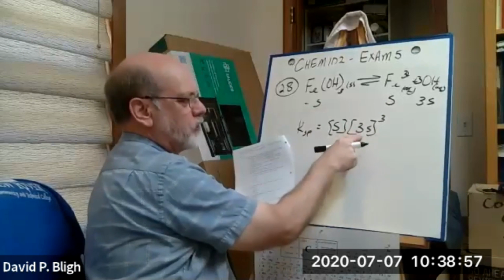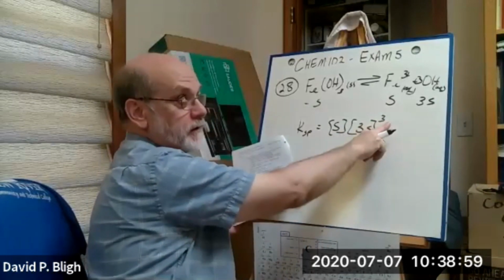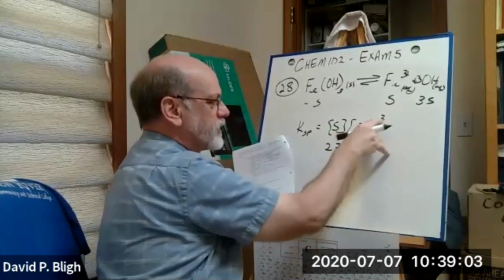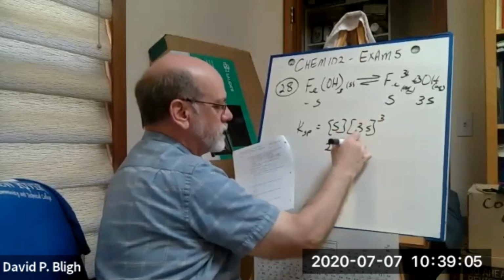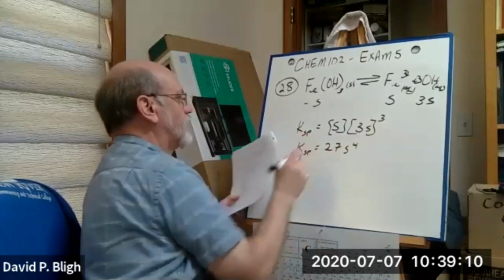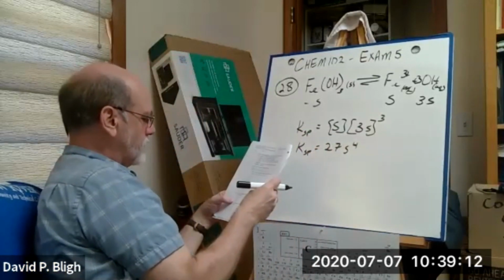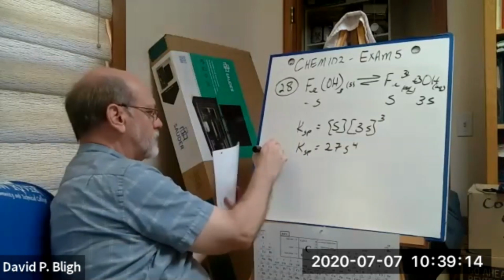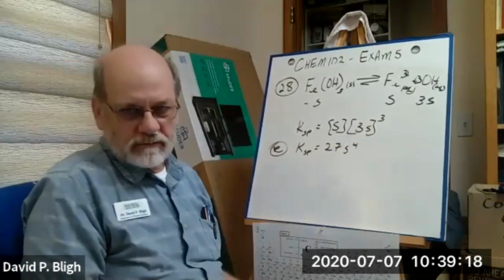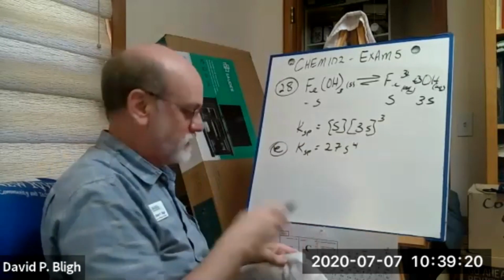Okay? So 3 to the 3rd power is 27, right? 27. That's cubed times another one is s to the 4th. So 28 would be E. Okay, that's how you do that. Quick, fast, and in a hurry.